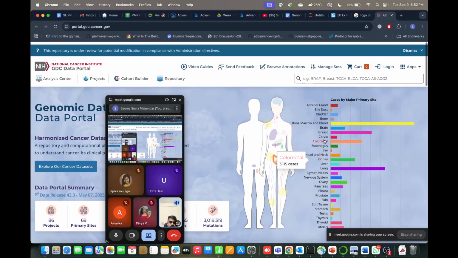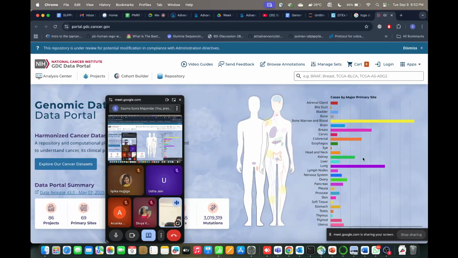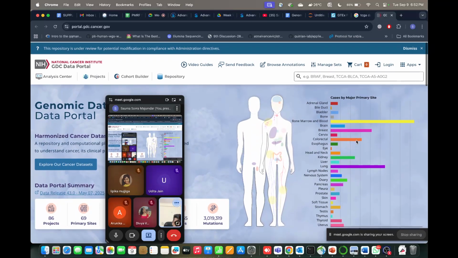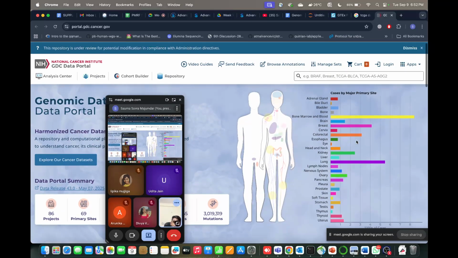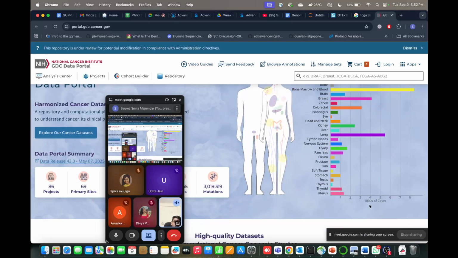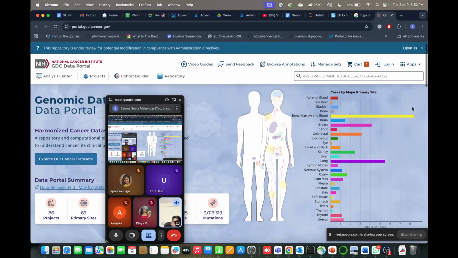Yeah, so you can see on the right hand side there's a plot given of how many cases that they have found for each type of cancer. So these are all given in thousands. So basically they have found around 8,000 bone marrow cases, 8,300, around 4,000 cases for breast cancer, head and neck, kidney, lung.